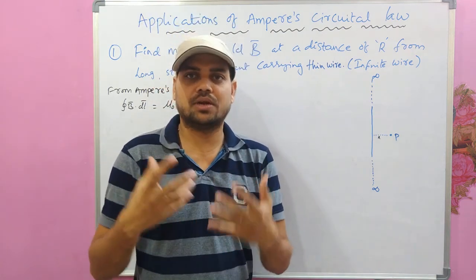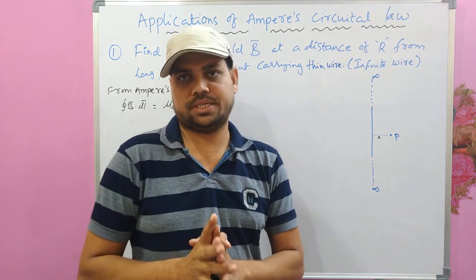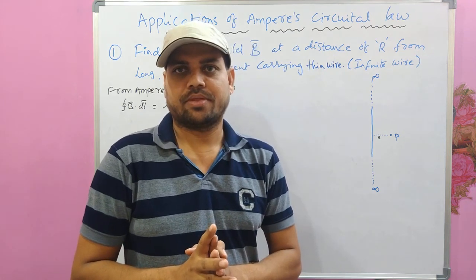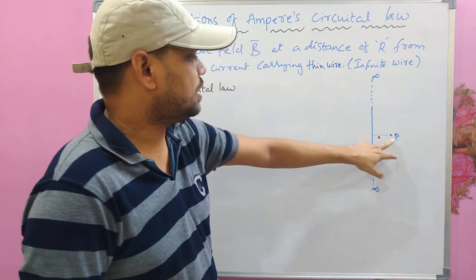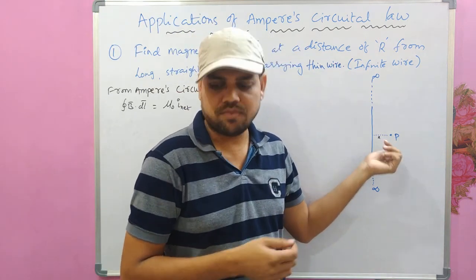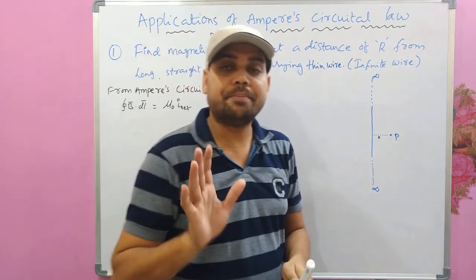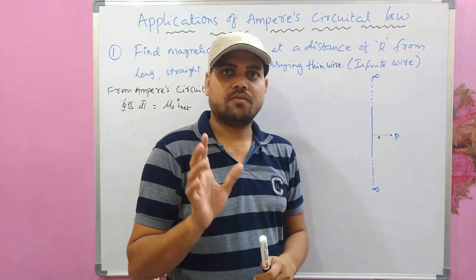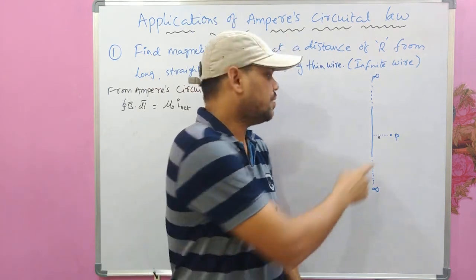And also we should look at the symmetry of the object. Here the point is given where I have to find the magnetic field. First let me draw an Amperian loop which must pass through the point.